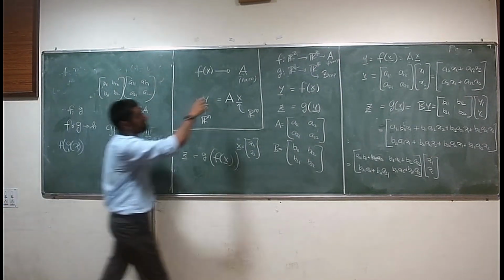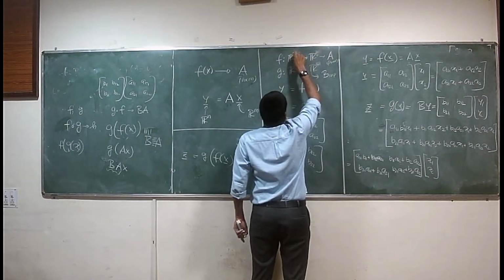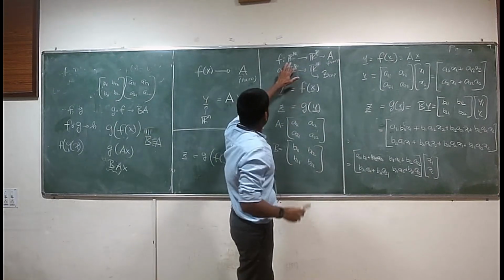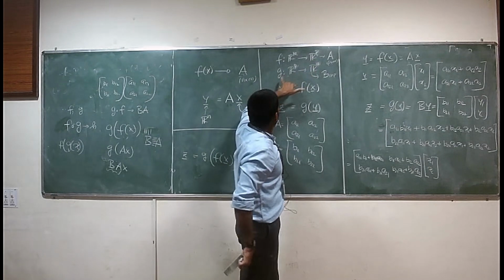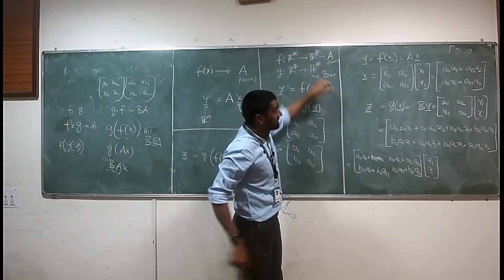Okay. So when we had the general case here, F takes Rn and spits out something in the p-dimensional space. G takes something from the p-dimensional space and spits out something in the n-dimensional space.